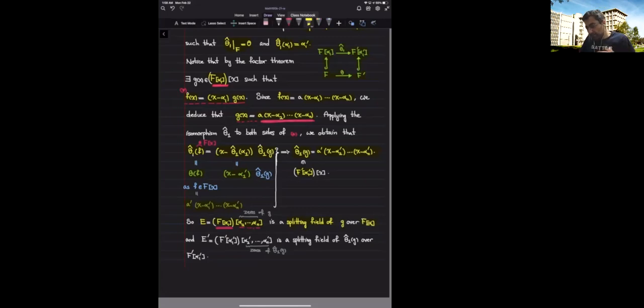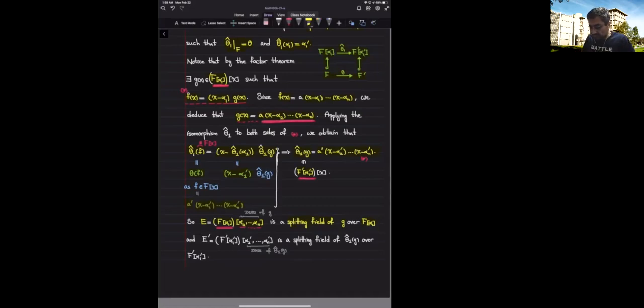By a similar kind of argument, using this equality, this time I have to add alpha 2 prime up to alpha n prime, which are zeros of theta 1 hat of g. I have to add them to the base field F prime(alpha 1 prime). And by adding them, I get the splitting field of this polynomial.